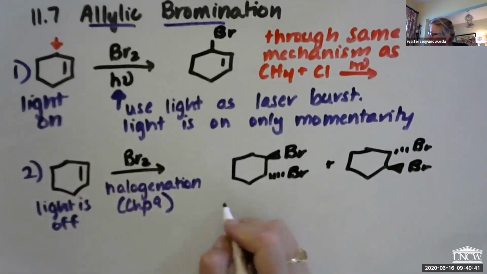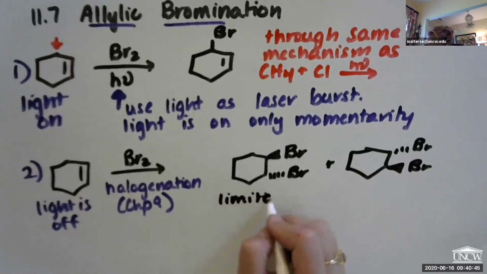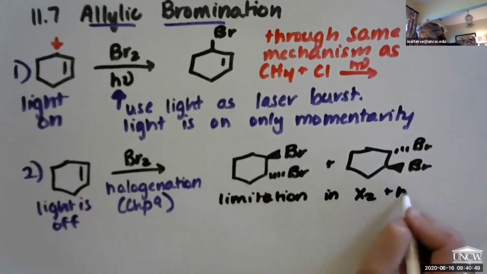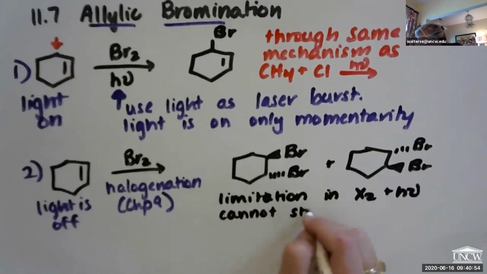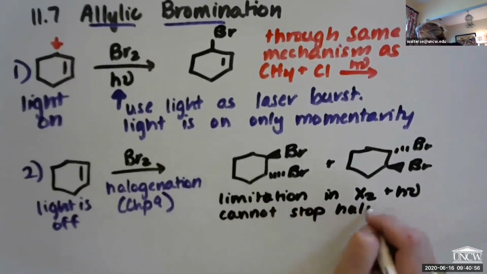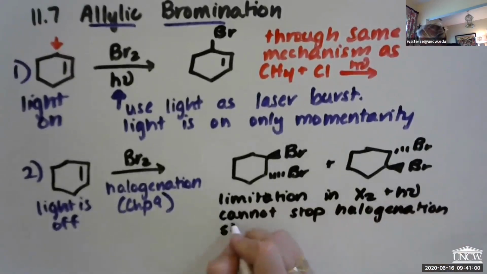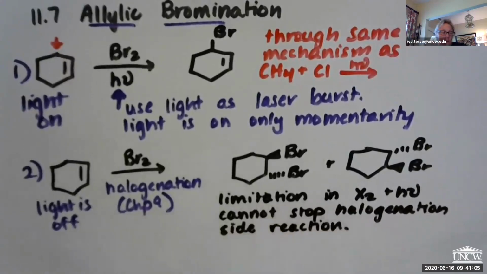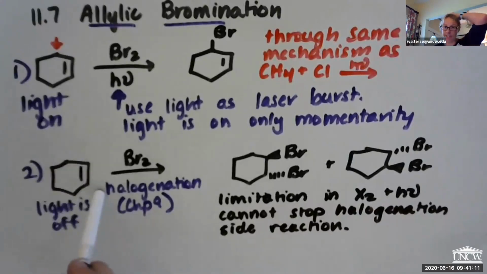Okay. The limitation in the X2 plus light is you cannot stop the halogenation side reaction. So these end up becoming competing reactions.